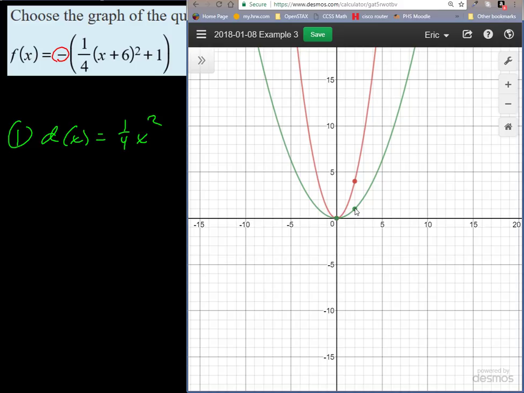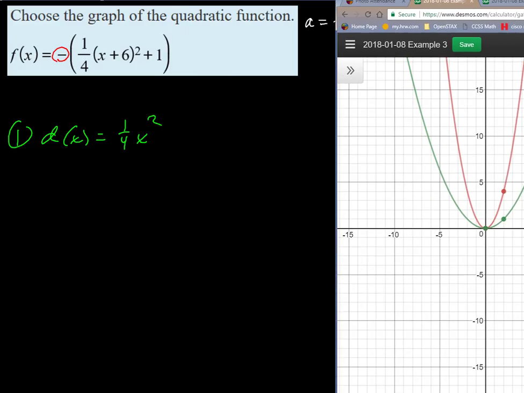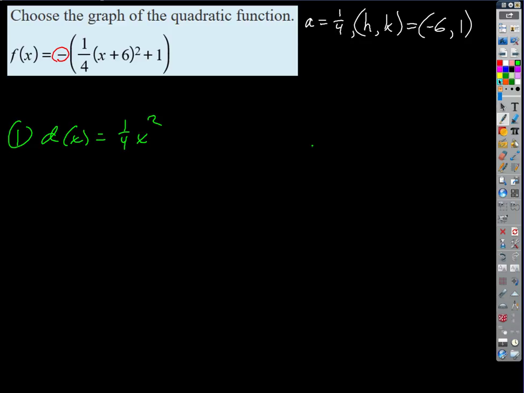Good. Okay. What's step two going to be? Left 6, up 1, right? So step two is we're going to translate. For now, we'll call it t of x, because it's the translated one, right? So t of x is going to equal 1/4 times what?